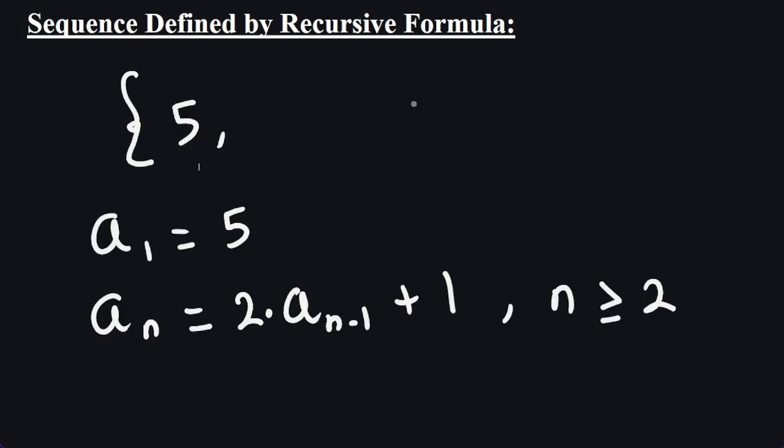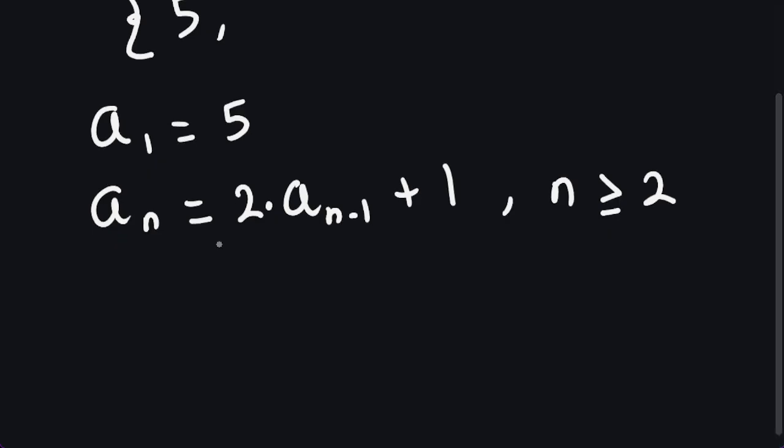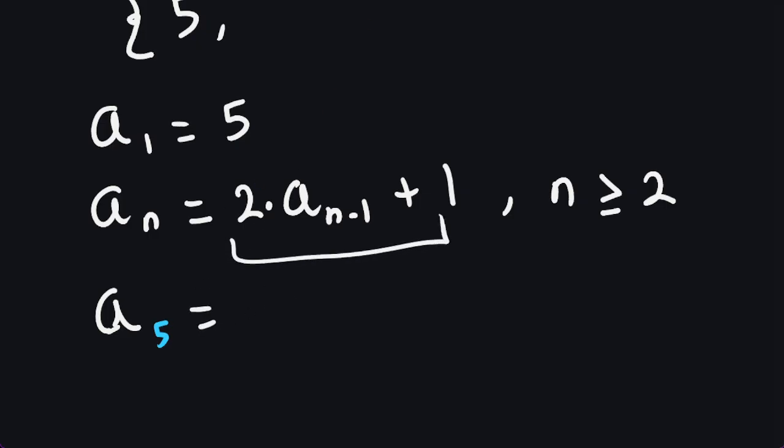Before we move on to a sub 2, a sub 3, a sub 4, and so on, I just want to show you why we can't find a sub 5 yet. So a sub 5 equals, following this formula, 2 times a sub 5 minus 1, so a sub 4, plus 1.